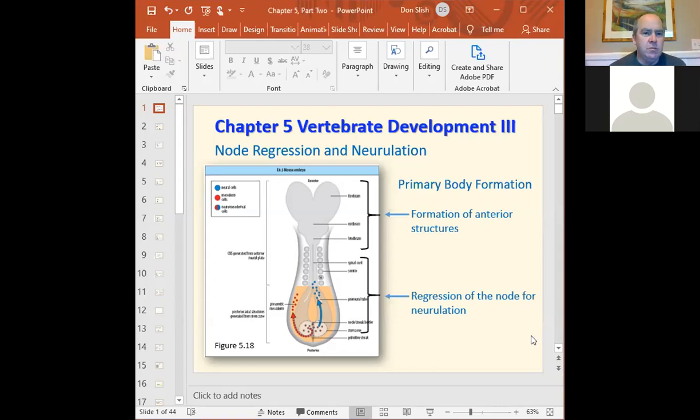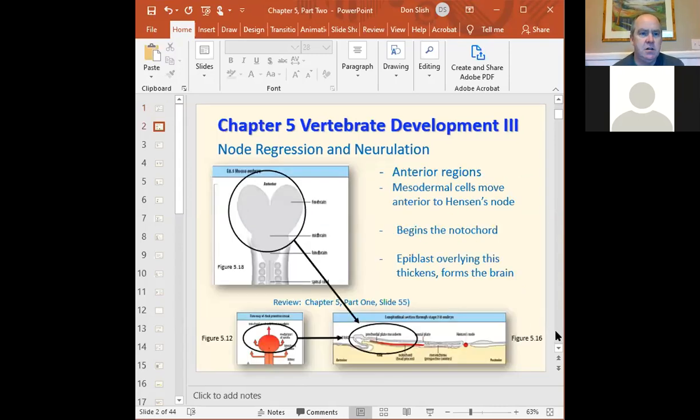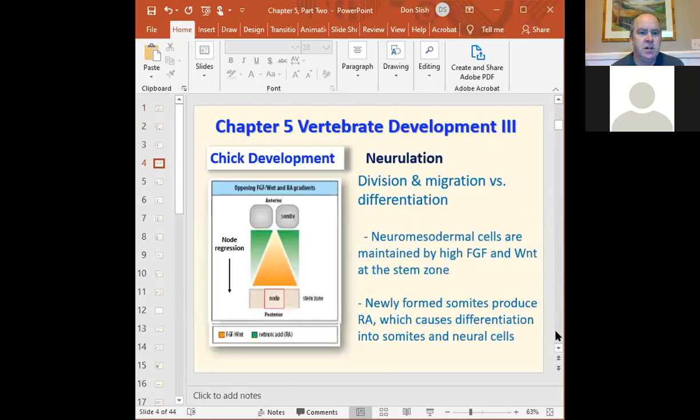Okay, so what we start out this chapter talking about, we ended the last exam talking about what's going on in that mesodermal region between the node and where the differentiation happens. That's the next slide. This is the node releasing FGF, which is making Wnt, and that is producing a gradient.